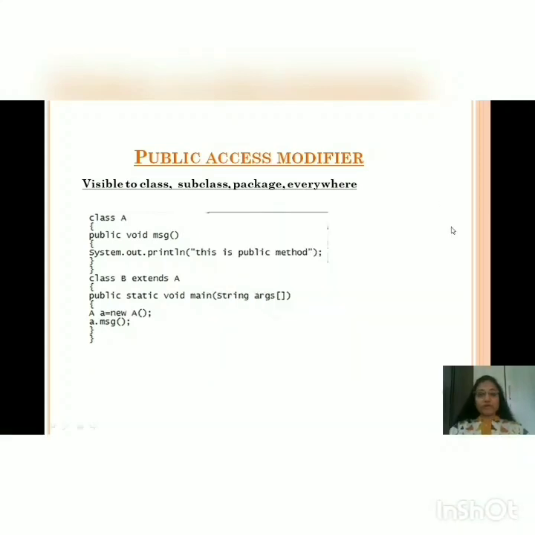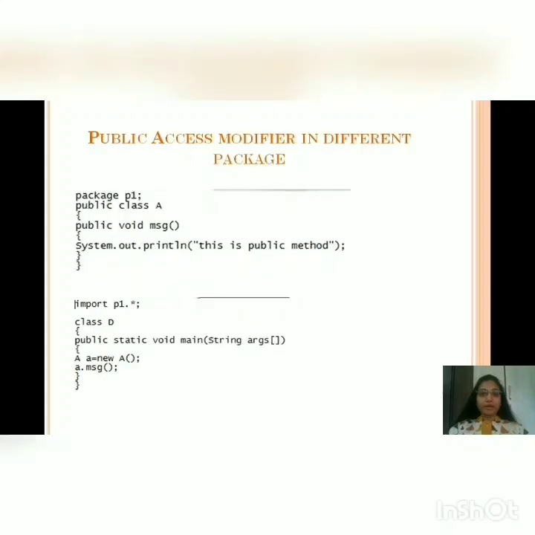Next, I will show you the example of public modifier in a different package. This is class A and I have declared it in package P1. The method declared in class A is public. This is another file and I have imported the package P1 in that file. Class D. Now I am accessing the method of class A in class D, which is in another package.